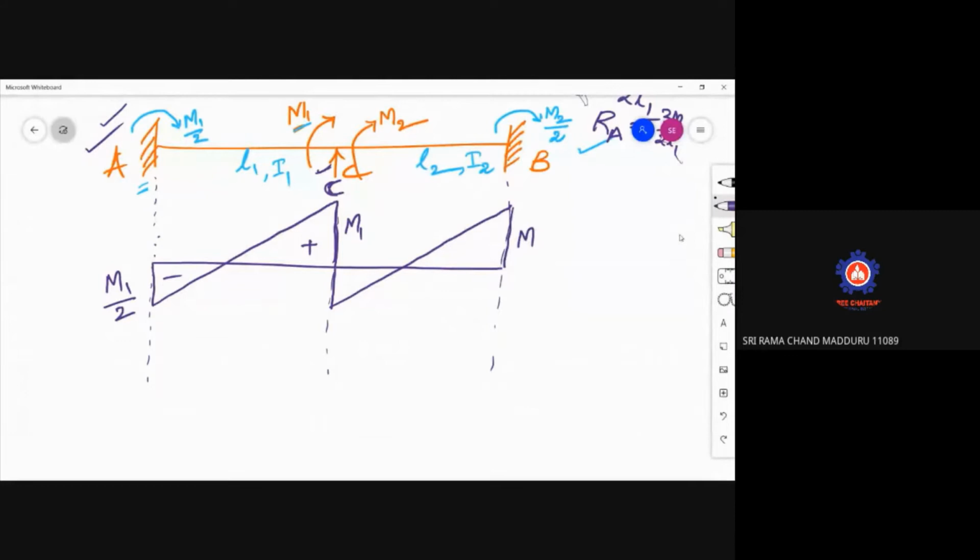Okay, this is M2 actually. Wait a second, there is a small correction here. So here M2, and this is M2 by 2.